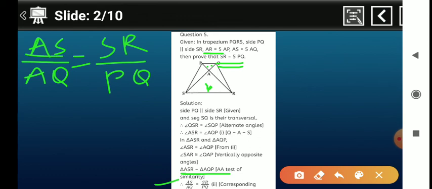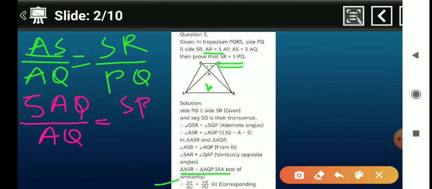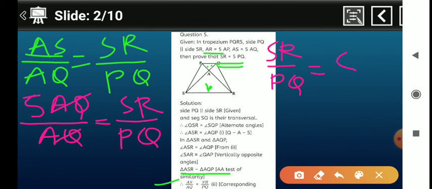So put the value here: AS is 5AQ divided by AQ, and is equal to SR upon PQ. Then this AQ gets cancelled, so SR upon PQ is equal to 5.